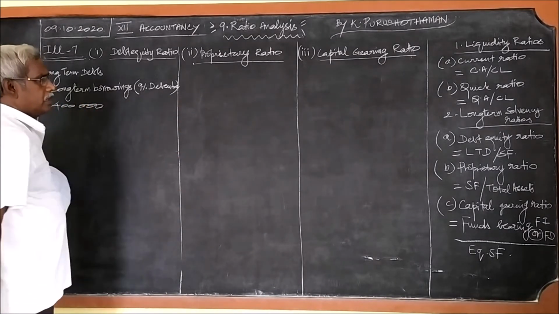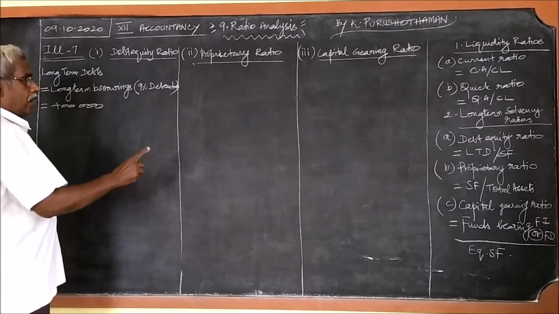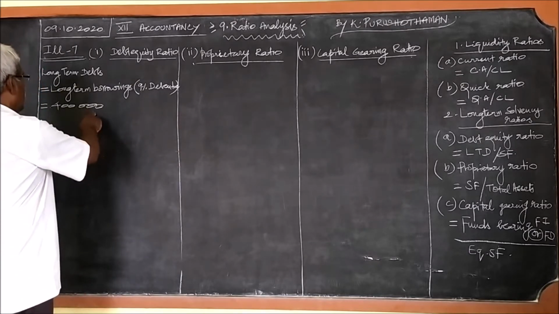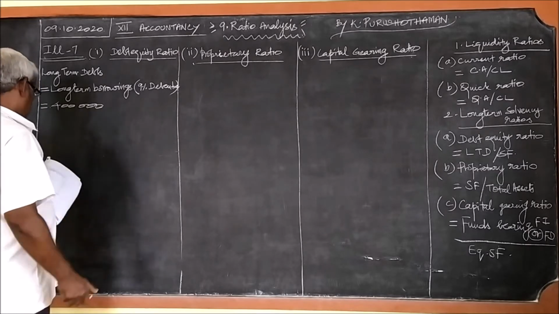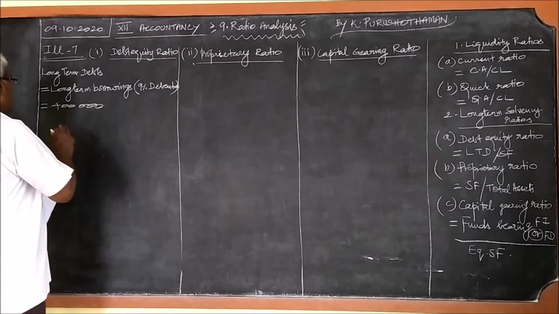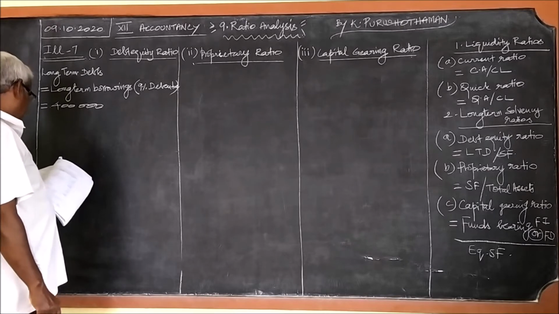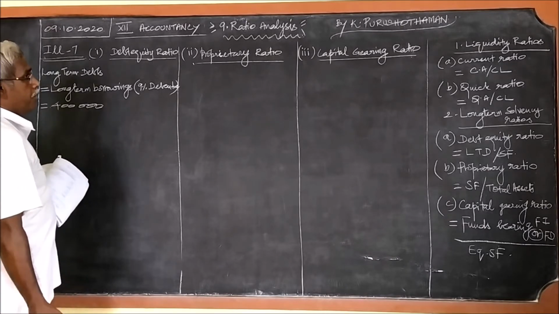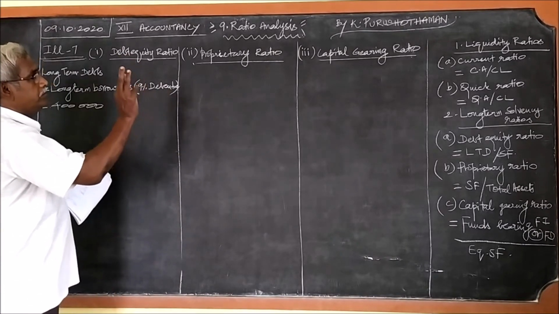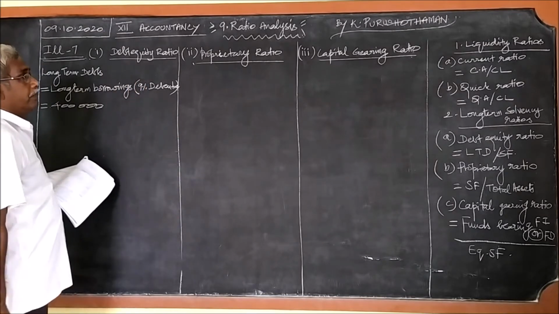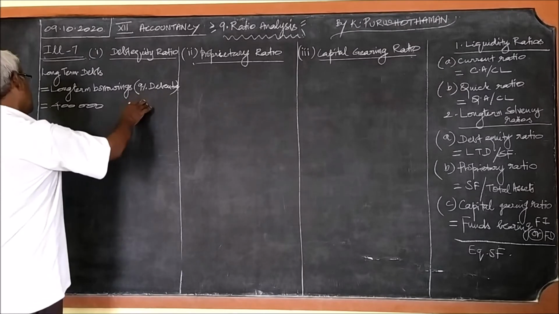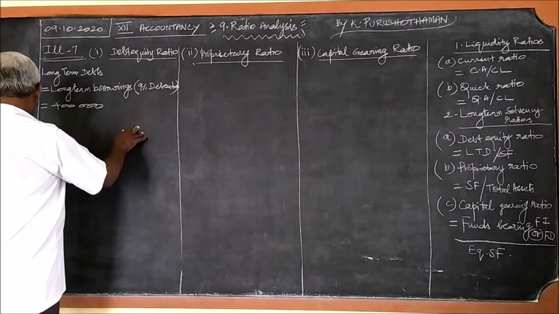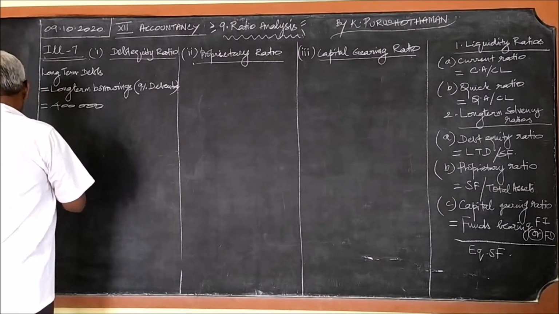In the formula, numerator is long-term debts, that we have found out. There are many items given in the problem itself. Which one is the long-term debt? That we should decide. This debenture is the only long-term debt from the list of items given.